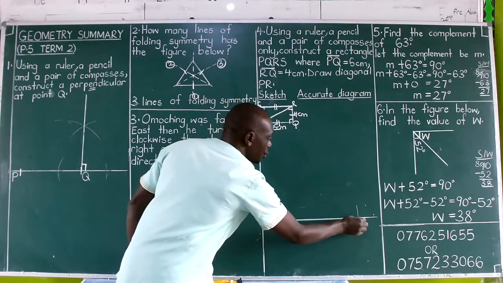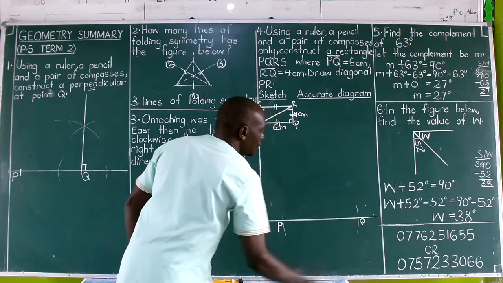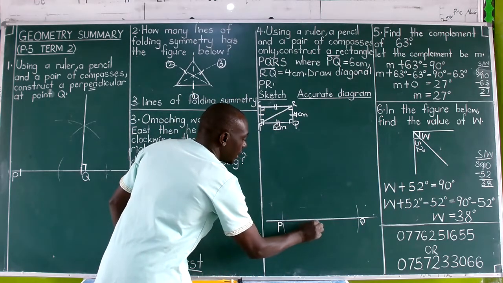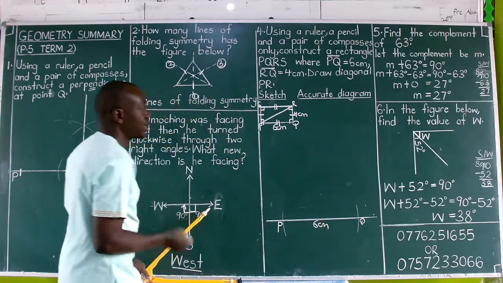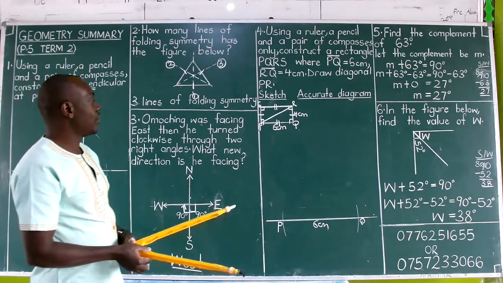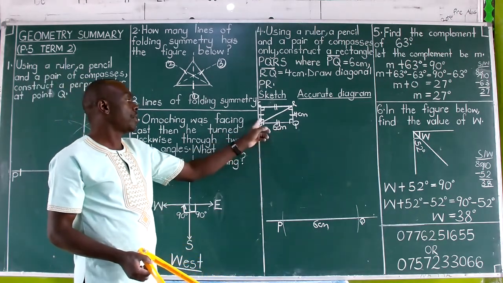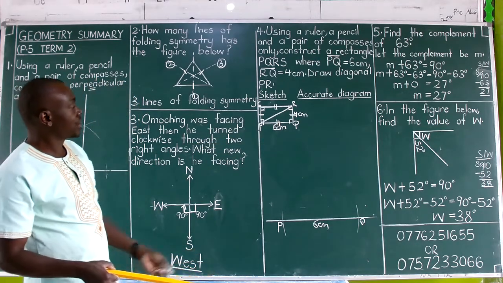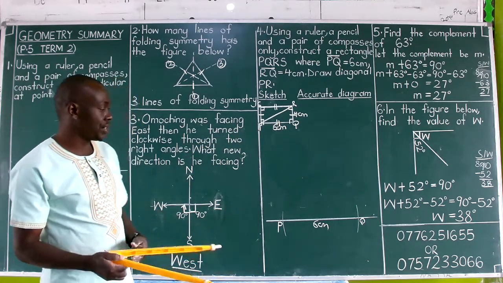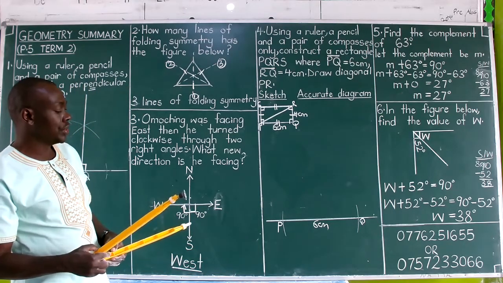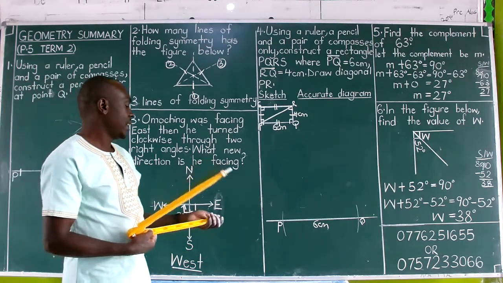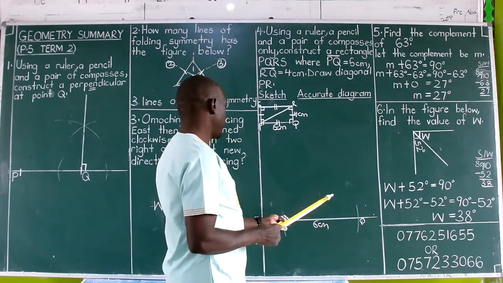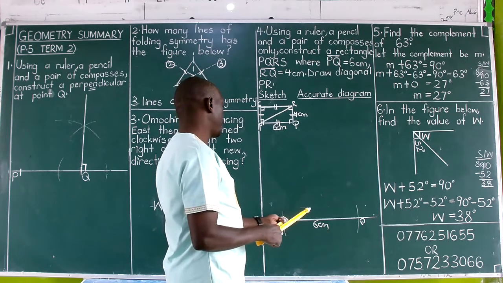It's called PQ, and you are sure it is an accurate 6 centimeters. And now at P as well as Q, we have a right angle. A right angle is equal to 90 degrees, so you are going to construct an angle of 90 degrees at P as well as Q.